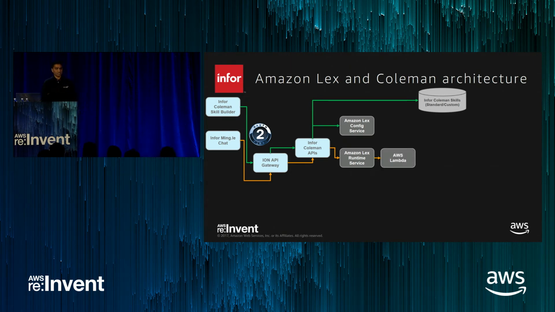Lex analyzes the request. If there is a valid intent that it can map to, it is going to call an AWS Lambda function to fulfill that request.